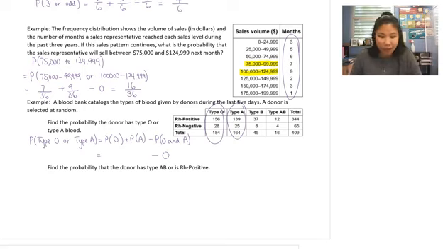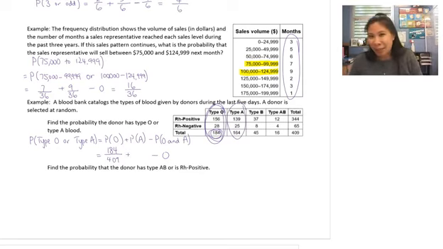All right, so since you can't have type O and type A at the same time, the probability of O and A would be 0. So we're going to be subtracting 0. The probability of type O, because we are looking at all the people who have type O blood, we look at this 184 number. And remember, it's supposed to be a fraction when we're talking about probabilities. So 184 out of the total number of people in this study, which was 409.